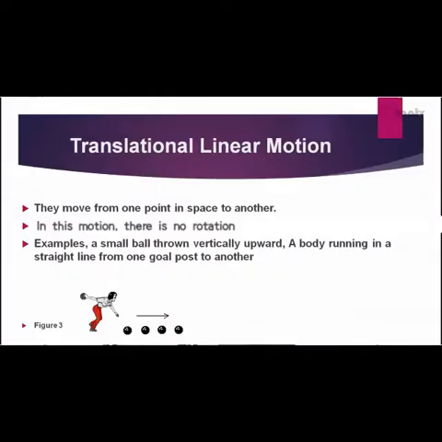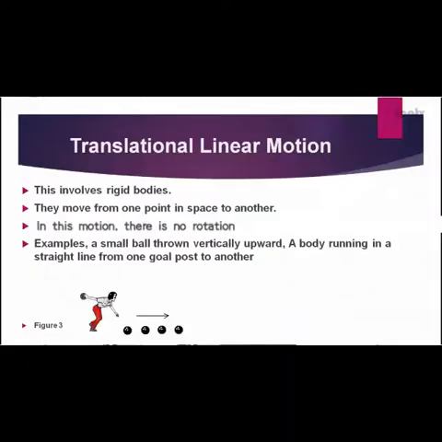The translational linear motion is a motion that involves rigid bodies, very strong bodies. It moves from one point in space to another. We must understand that in this motion, there is no rotation.